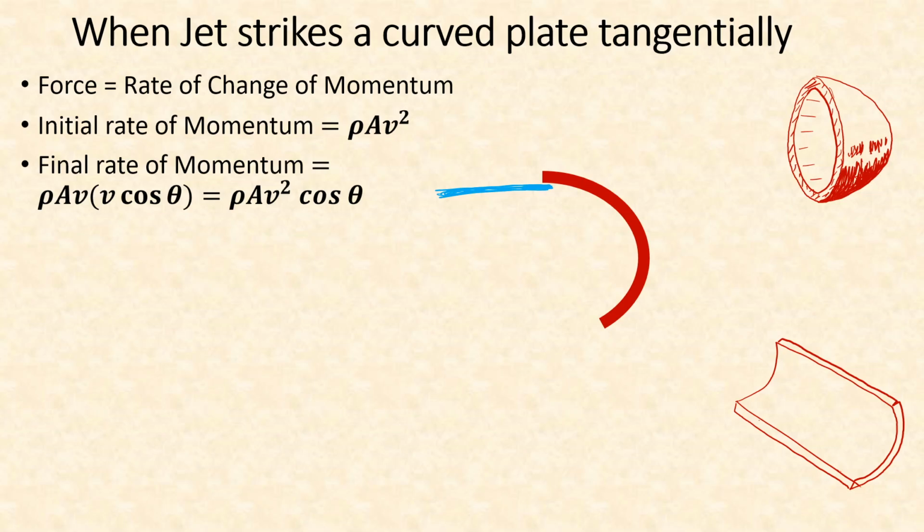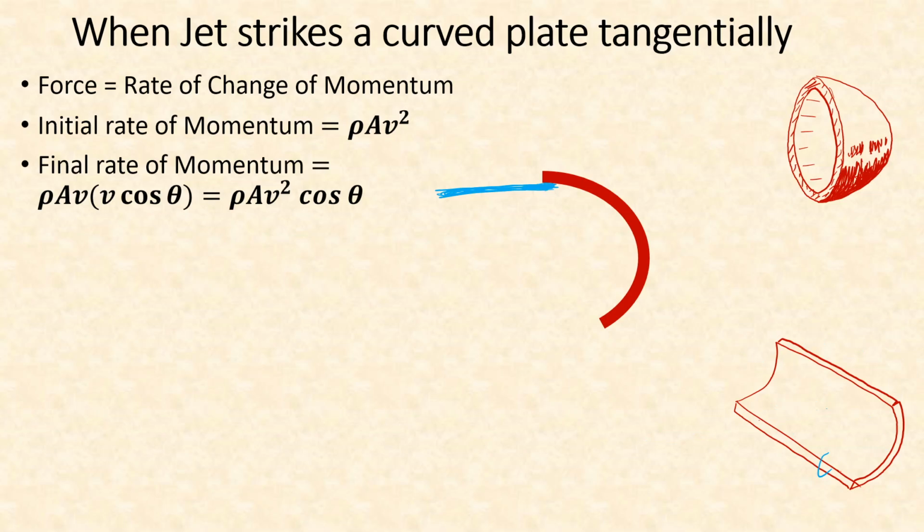But the advantage in this case is that the water doesn't get spread out after hitting the plate in the tangential direction. If it was hitting the plate somewhere in the middle, then water will be deflected in this direction, this direction, and all the other directions in between.